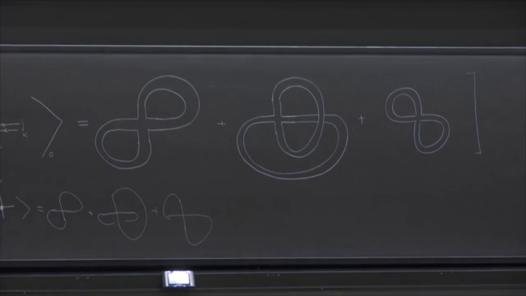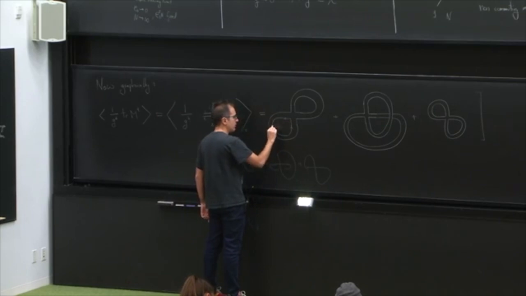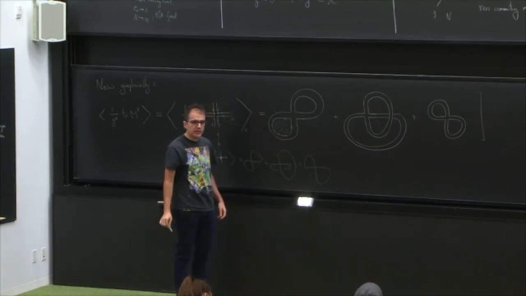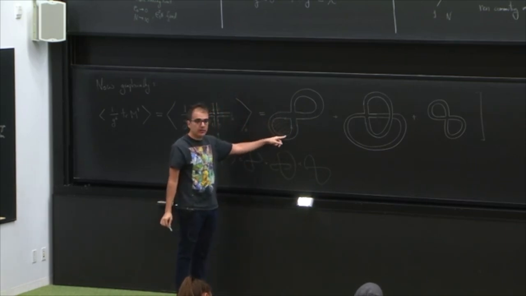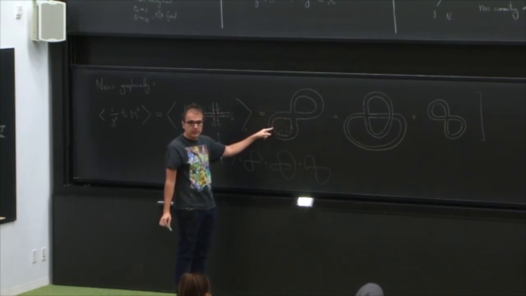Correct? And now you just see that here, the index here, it's the same index, right? It goes around. So here you have a loop, a phase where this index runs, and it can take any value here. And so each time you have a loop of index, you get a factor of n.